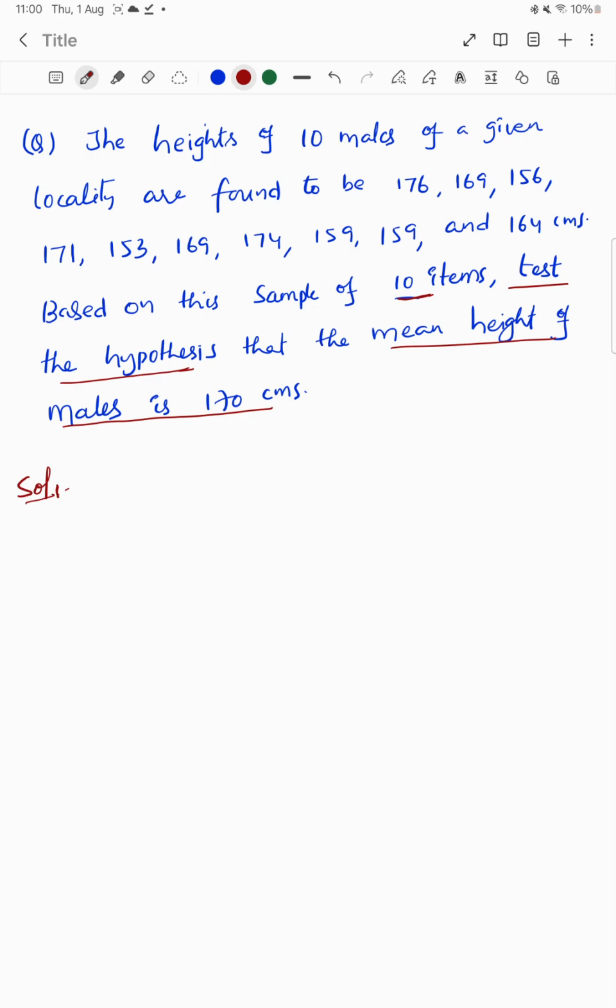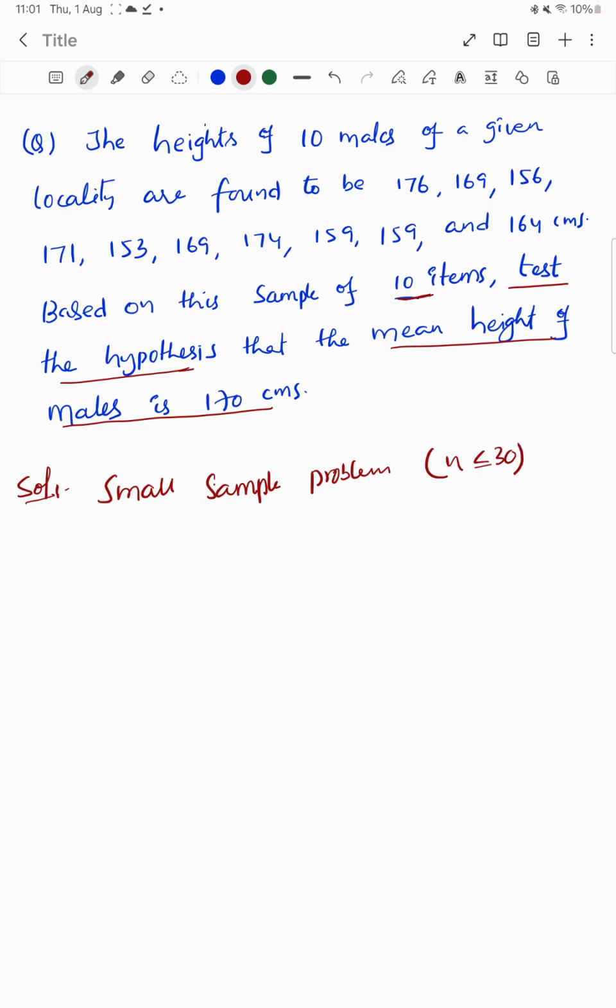First of all, we need to understand that this problem comes under a small sample problem, because our sample size n is less than or equal to 30. Got it?